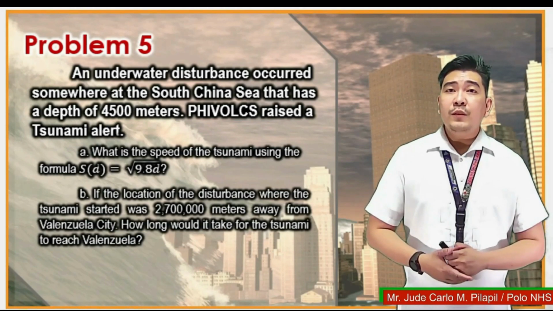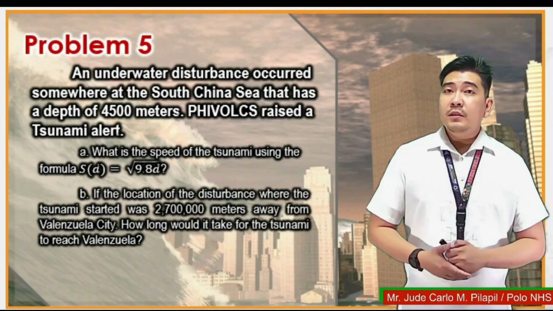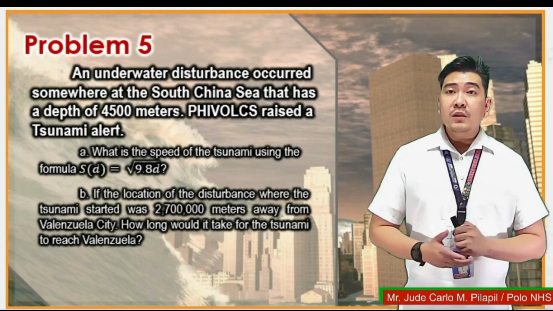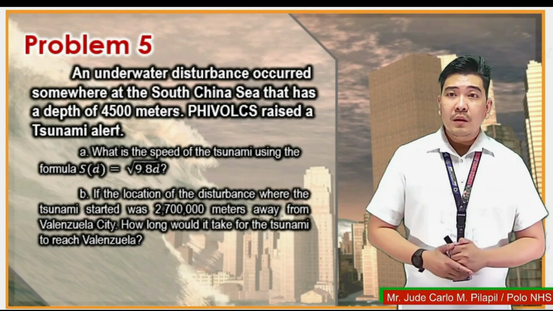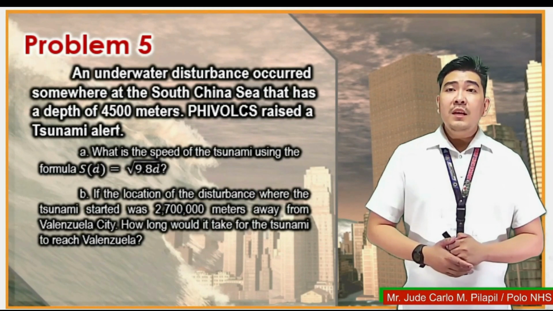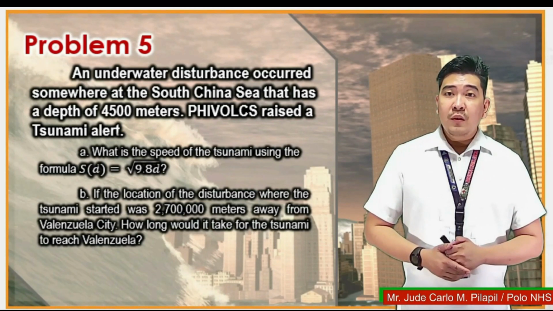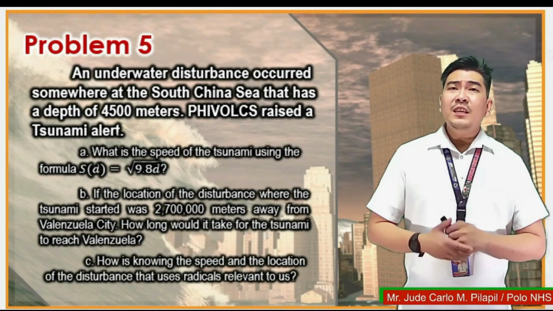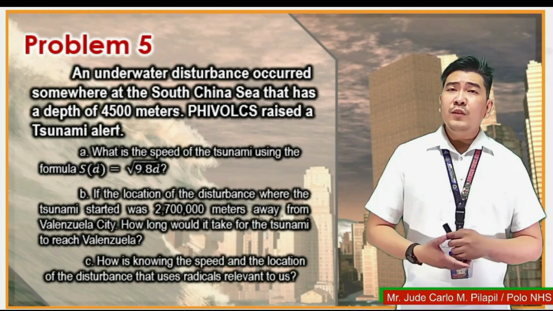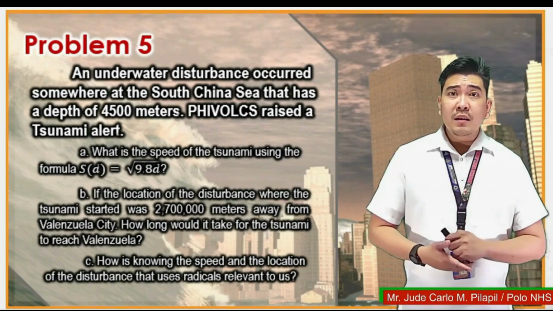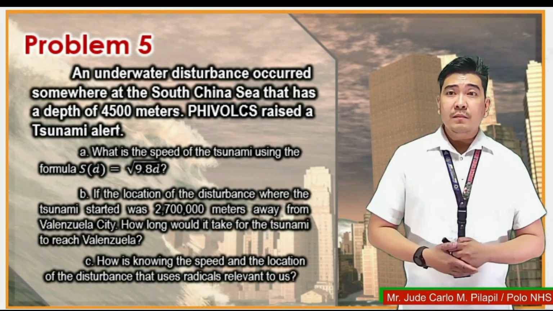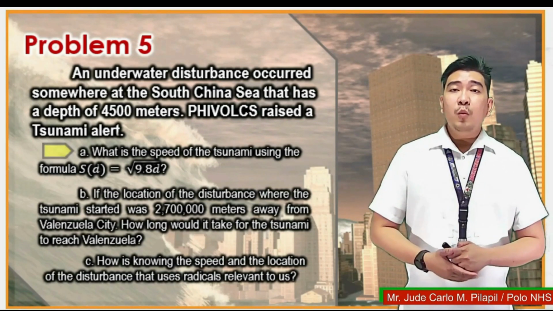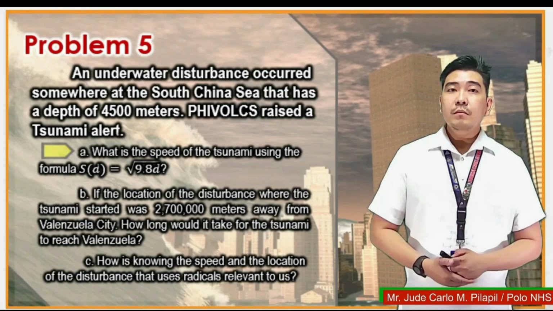If the location of the disturbance where the tsunami started was 2,700,000 meters away from Valenzuela City, how long would it take the tsunami to reach Valenzuela? And lastly, how is knowing the speed and the location of the disturbance that uses radicals relevant to us? Let us solve this one by one, starting from question number 1.